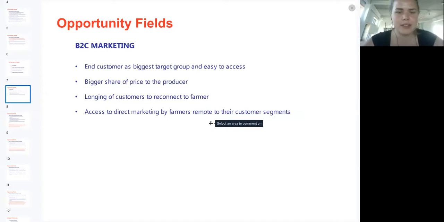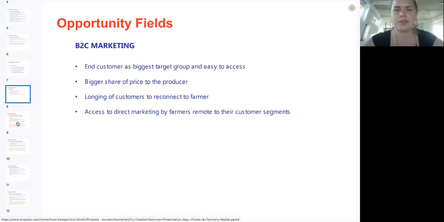And we could see during Corona that there's a big longing now of the customers to reconnect to the farmer. And I think in our last session, for this field, we already spoke about the opportunity of possibly going into a niche of a certain customer. So for example, targeting old people as a niche could be one example.